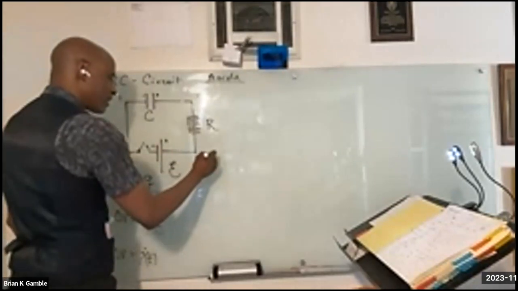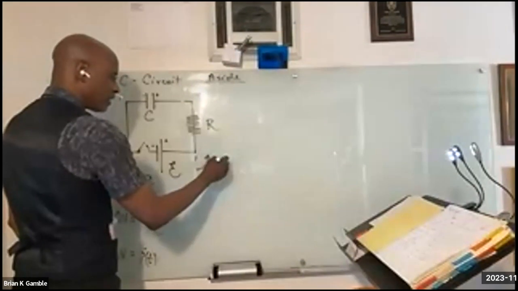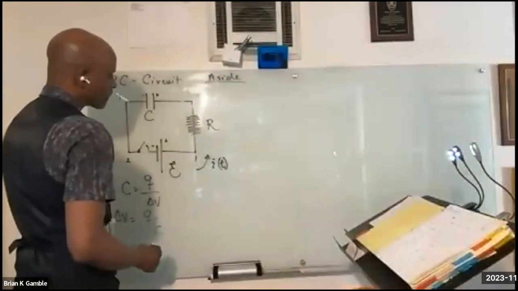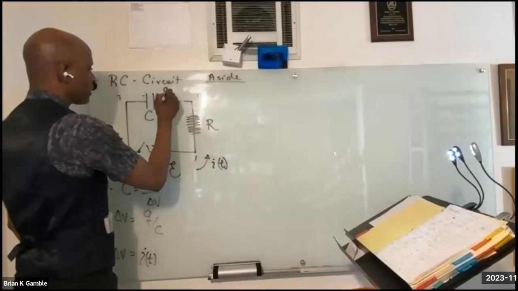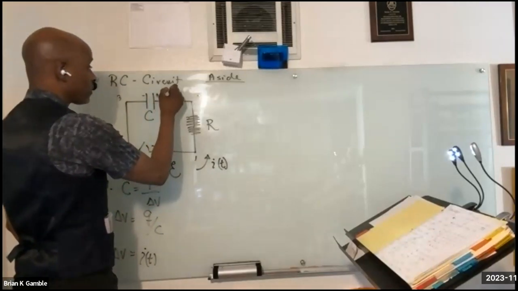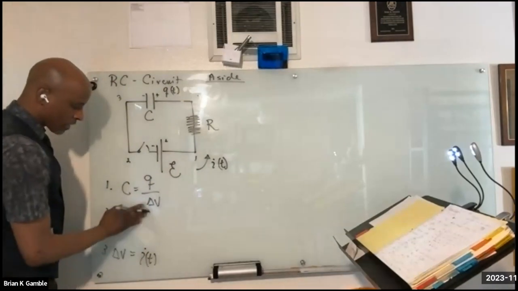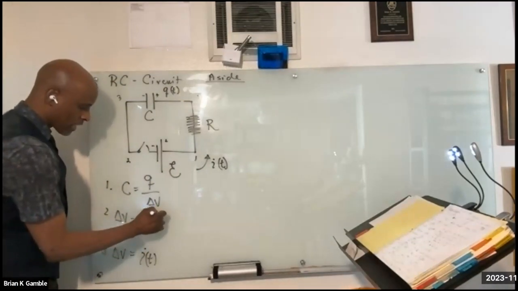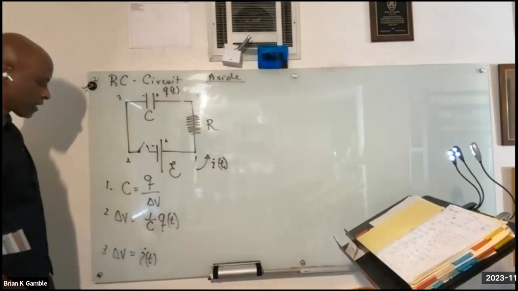So it's not a steady state current. We're going to call that i of t, and we're going to call the charge on the capacitor Q of t, implying it's now a variable. So I'm going to write this more like 1 over C times Q of t, just to emphasize that both the charge and the current are changing.